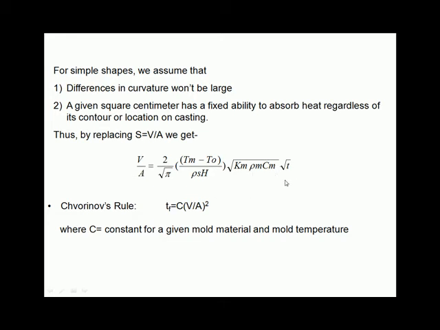For the total solidification time, I can write Tf is equal to C into (V by A) squared. Now C would be constant for a given metal, mold material and mold temperature.